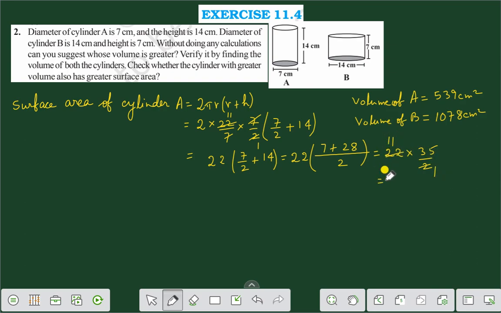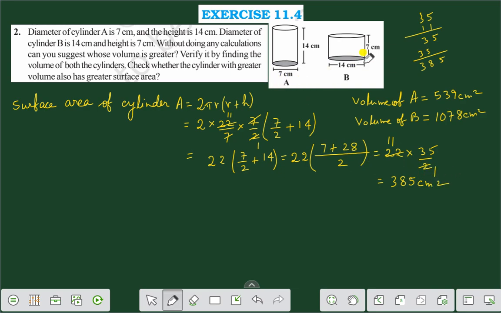If you multiply 35 with 11, then we are getting 385 centimeter square.